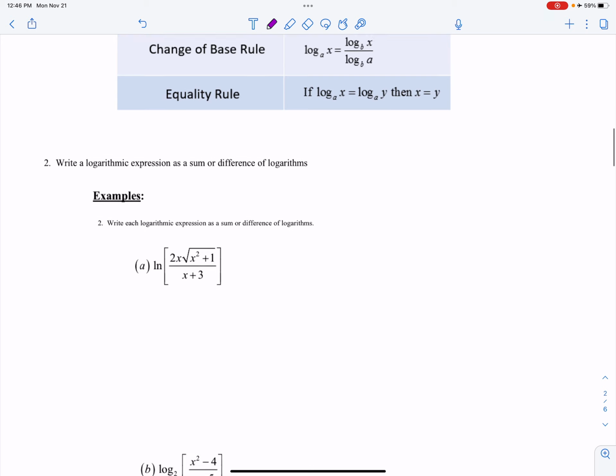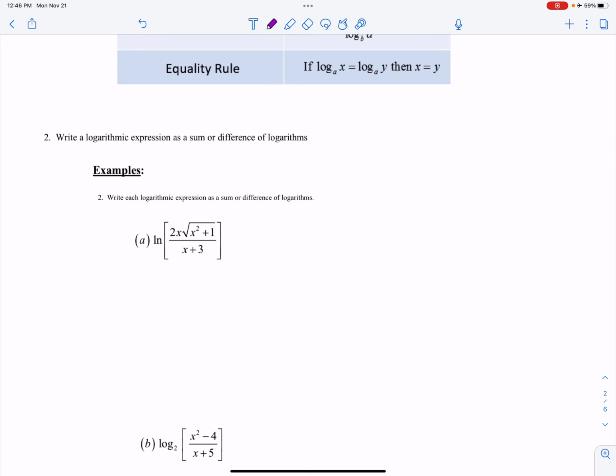So first we have the natural log of 2x times the square root of x squared plus 1 divided by x plus 3. So right now it looks pretty overwhelming, but we can use our properties to rewrite it and work on it one piece at a time. So let's jump in, let's do it.